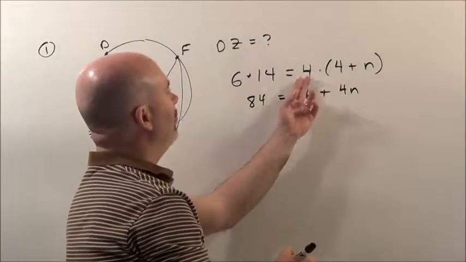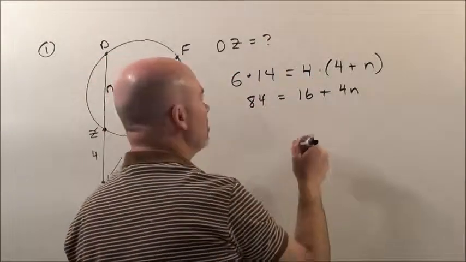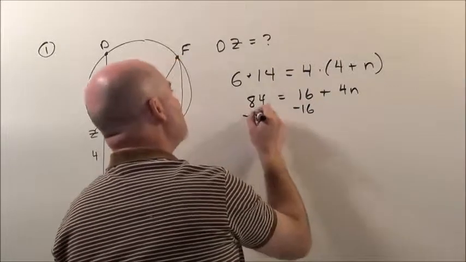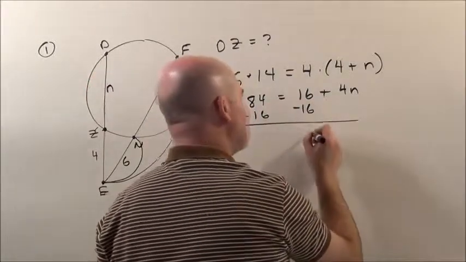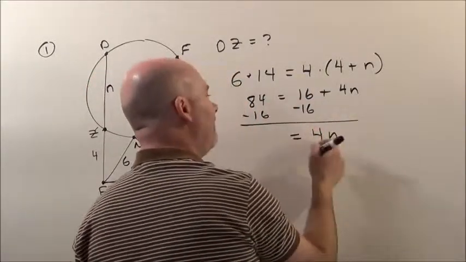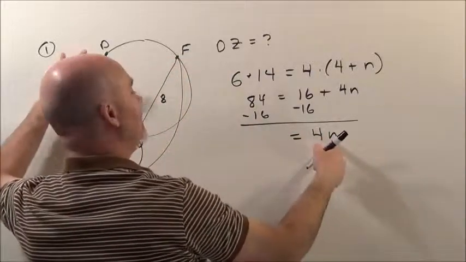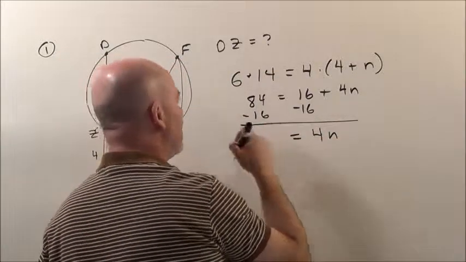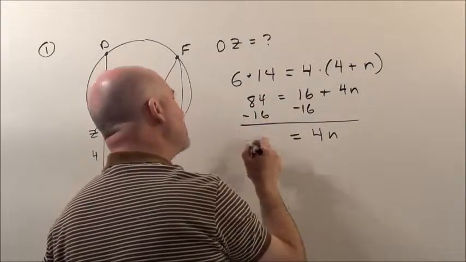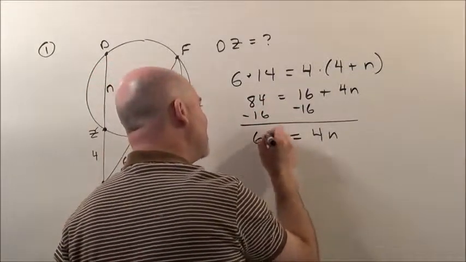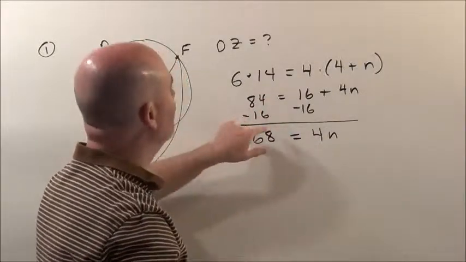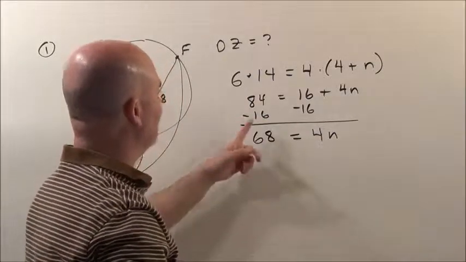I could divide by 4 to get rid of that, but I'm just going to do it this way, no big deal. Subtract 16 from both sides. On the right-hand side, I have 4 times this DZ, missing length n, is equal, I subtract here, 84, 74, 64, go back, that's 68. I simply took away 20 and then added 4 back in my head, so 68.